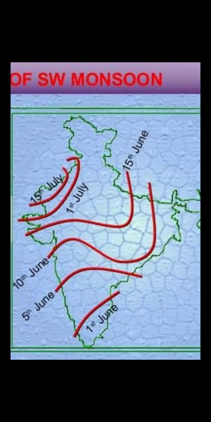So in this chart you can see, children, that by the 1st of June or the first week of June they are reaching the coast of Kerala. By 5th of June they reach Maharashtra. By 10th of June Goa, and likewise the northern plains they reach by 15th of June. These are just approximate dates.